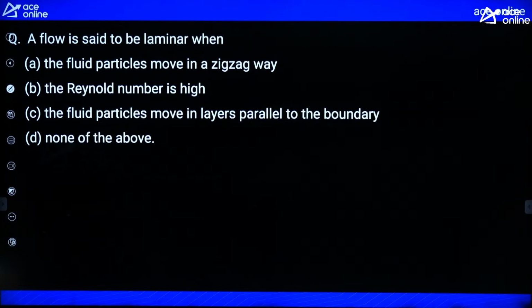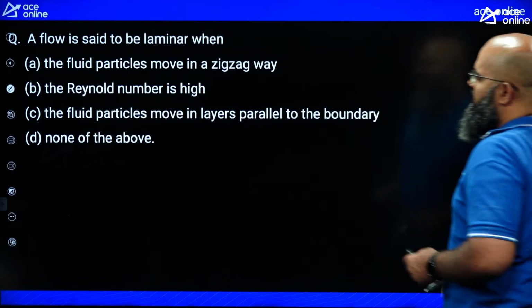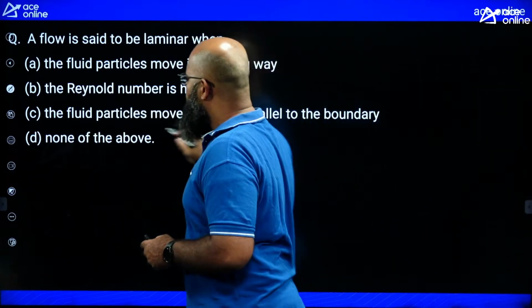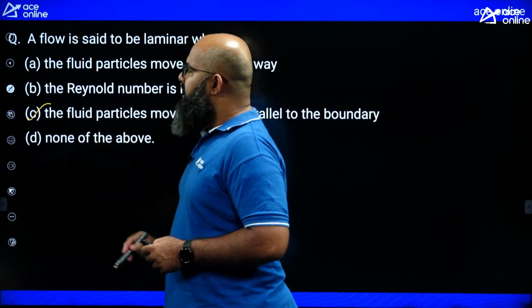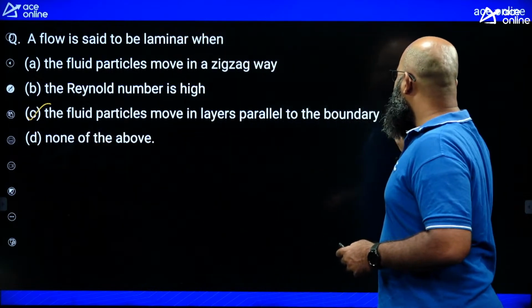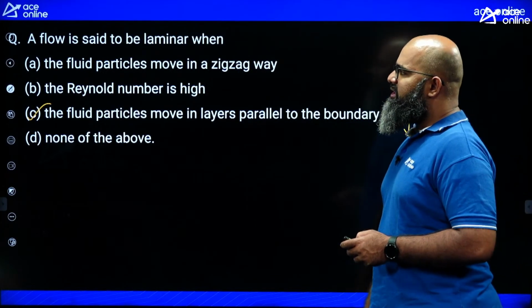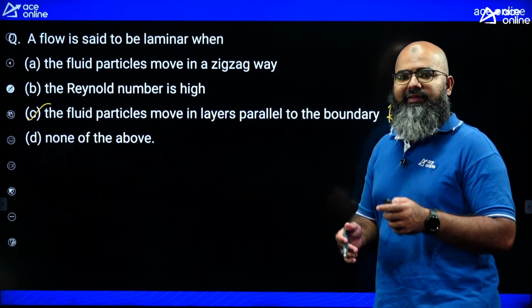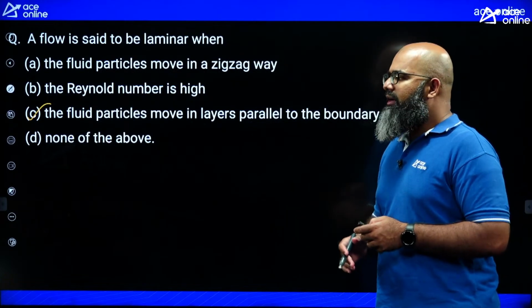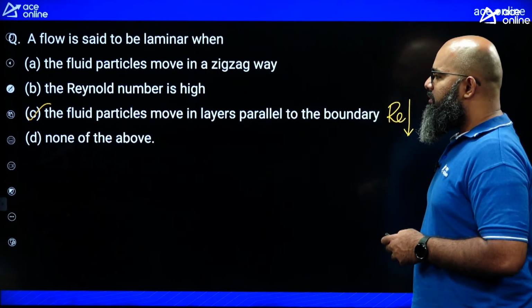Option C is saying fluid particles move in layers parallel to the boundary. This is the better answer over here. And remember, in laminar flow, Reynolds number is going to be less. Viscous effects will dominate, therefore Reynolds number will be less.